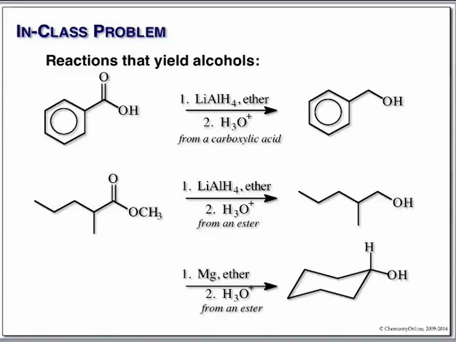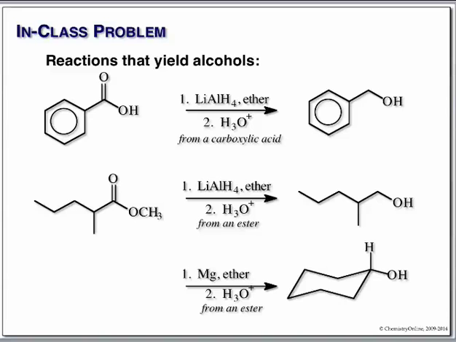Now, just like we can add 2 moles of hydride to an ester, we also add 2 moles of Grignard to an ester for exactly the same reason. Get the intermediate, lose the alkoxy group from that intermediate, and then add again.